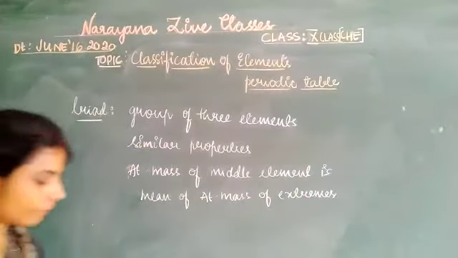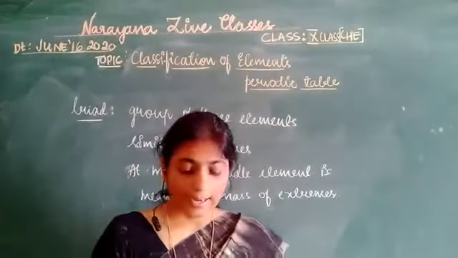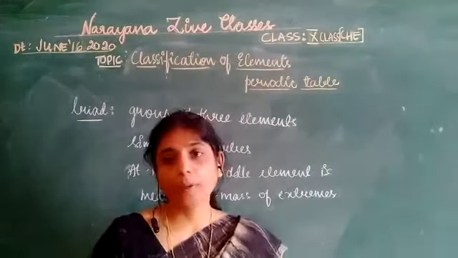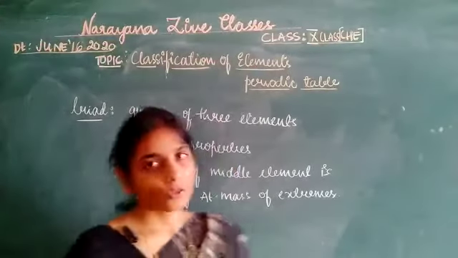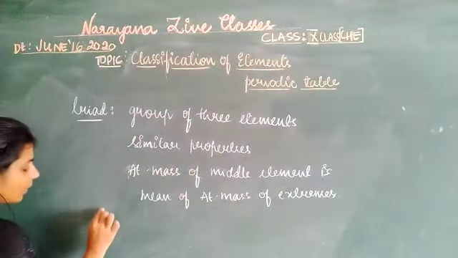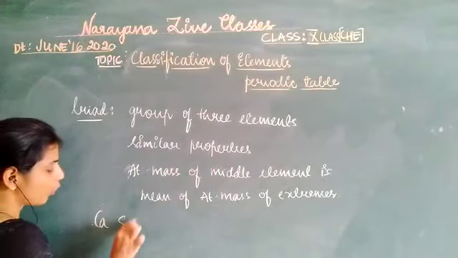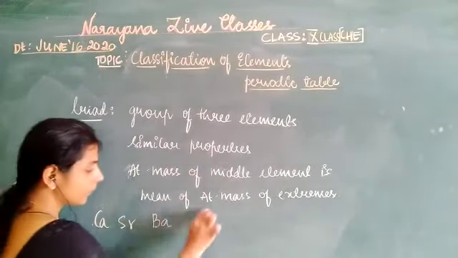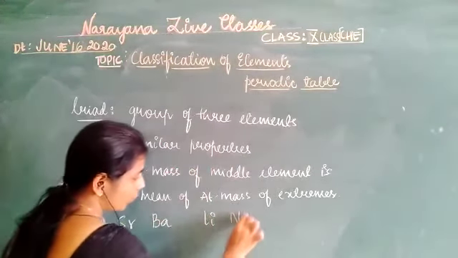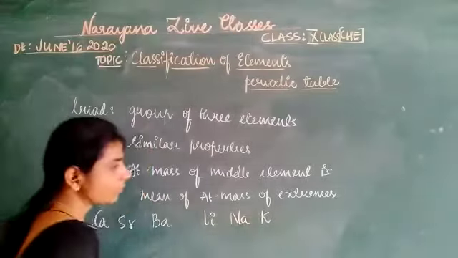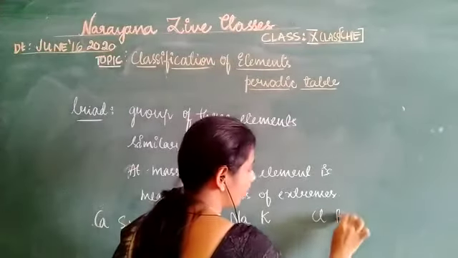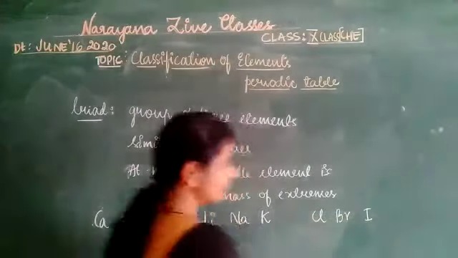Next question. What are examples of Dobereiner's law of triads? Examples: calcium, strontium, barium; lithium, sodium, potassium; chlorine, bromine, iodine.